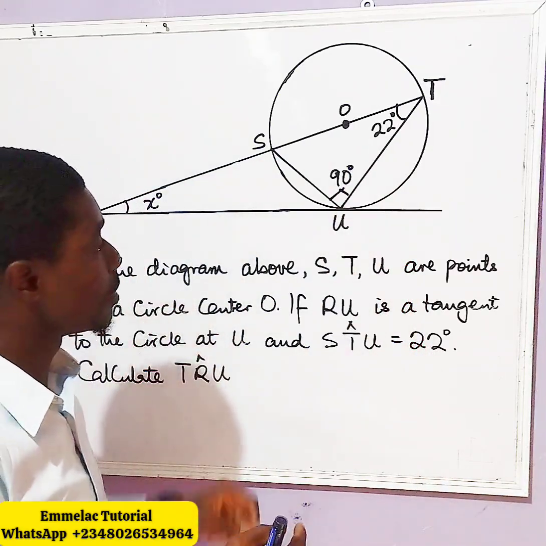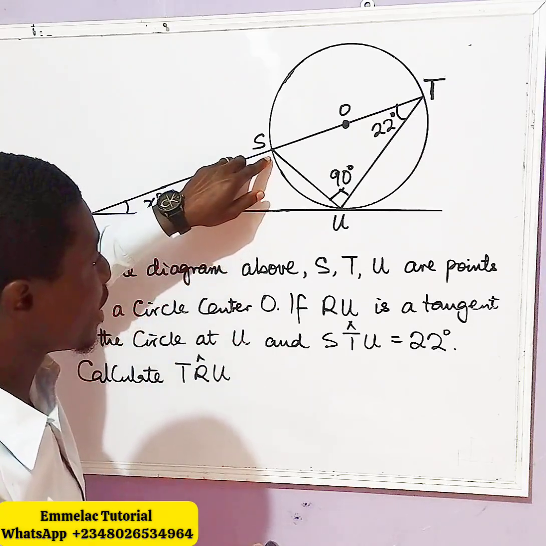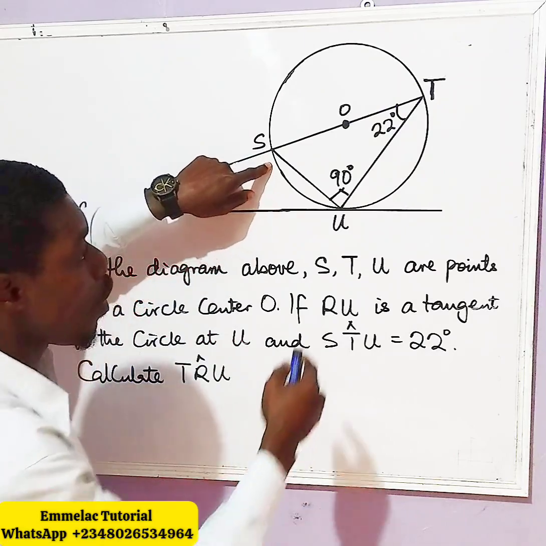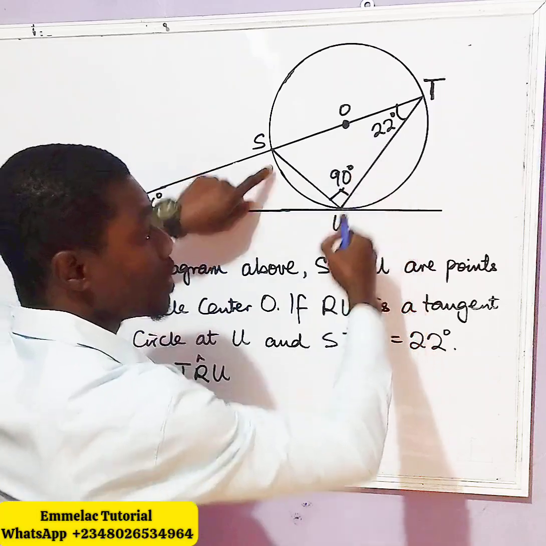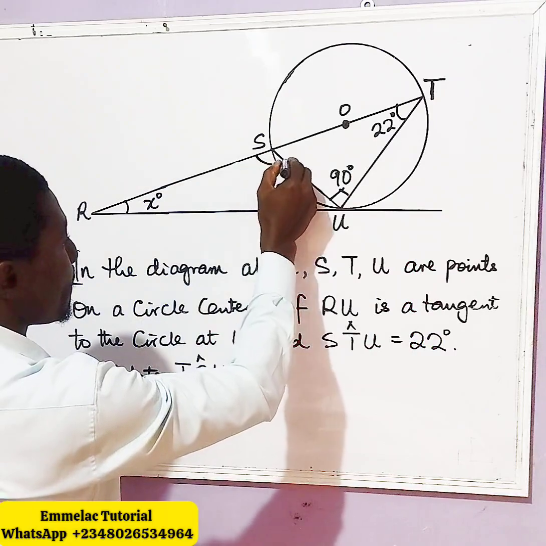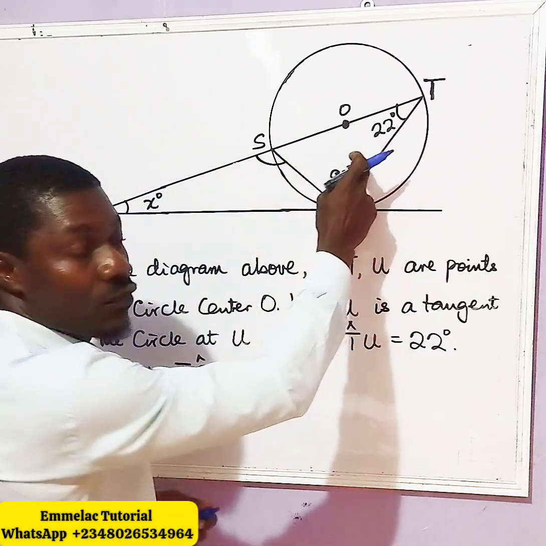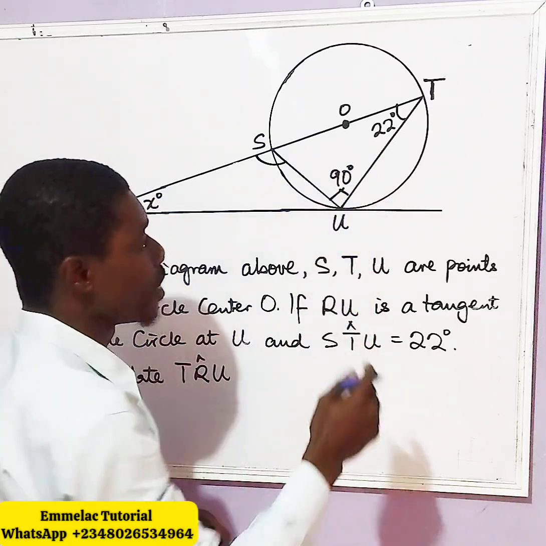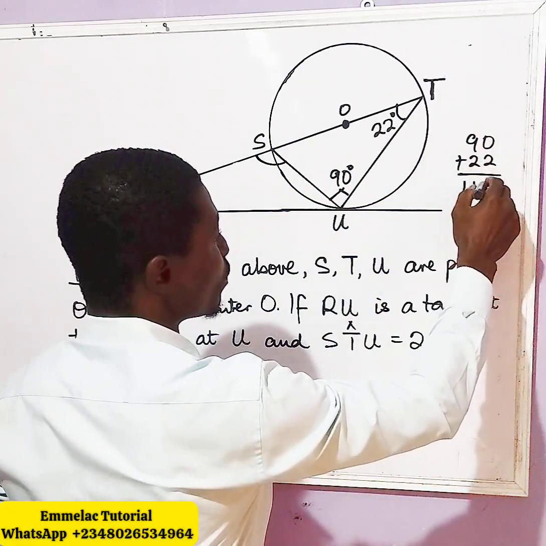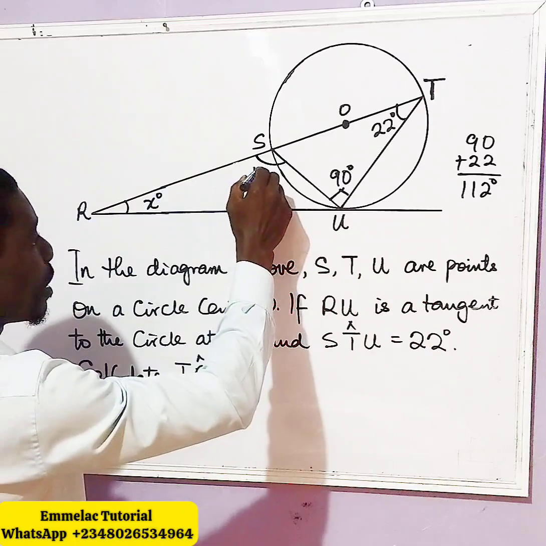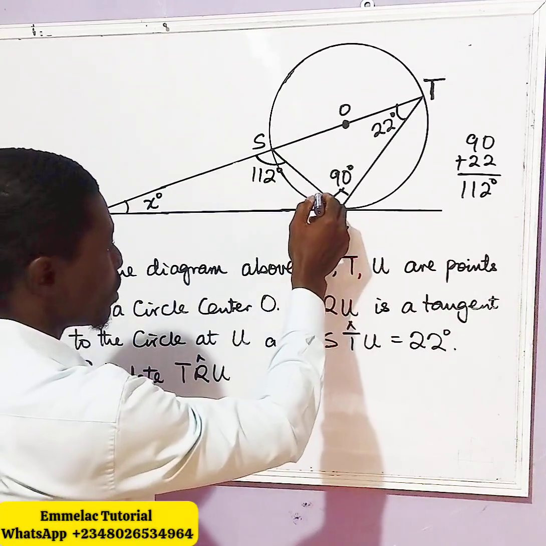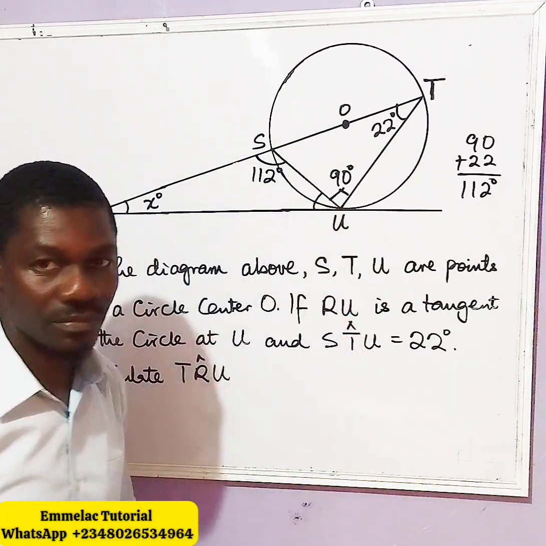This external angle is the sum of these two opposite interior angles, which means the angle formed here will be the sum of 90 and 22. That is 90 plus 22, which gives us 102 degrees. So here is 102 degrees.